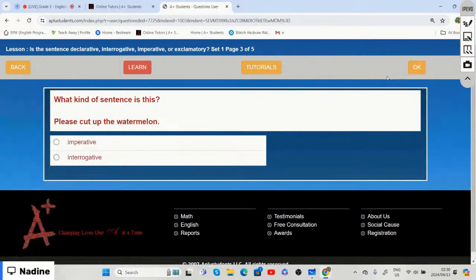Please cut up the watermelon. Is that an imperative sentence or an interrogative sentence?